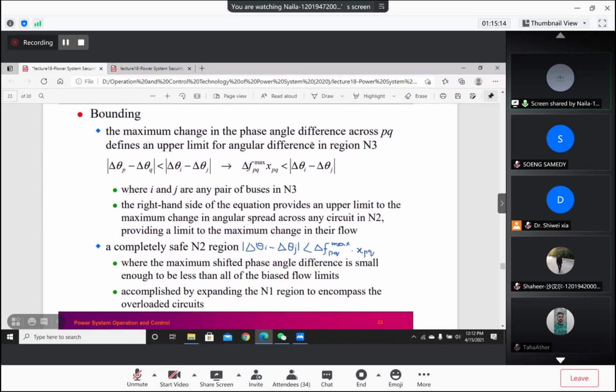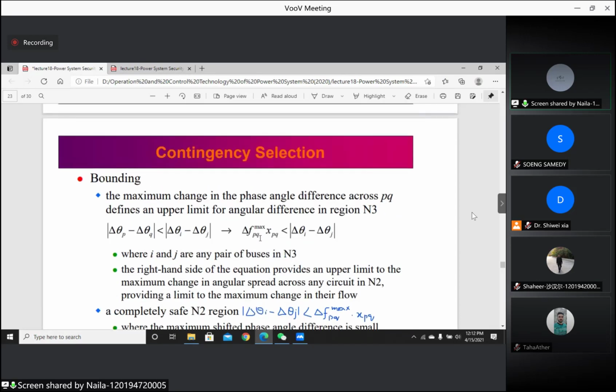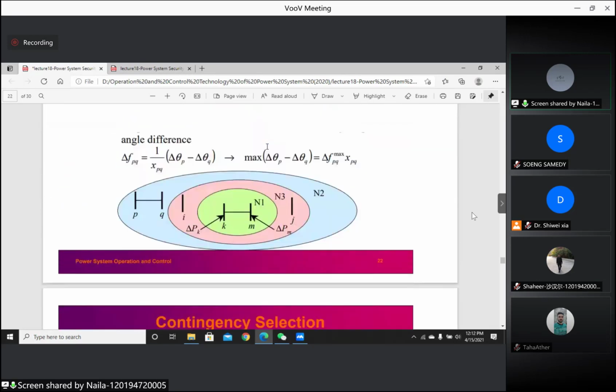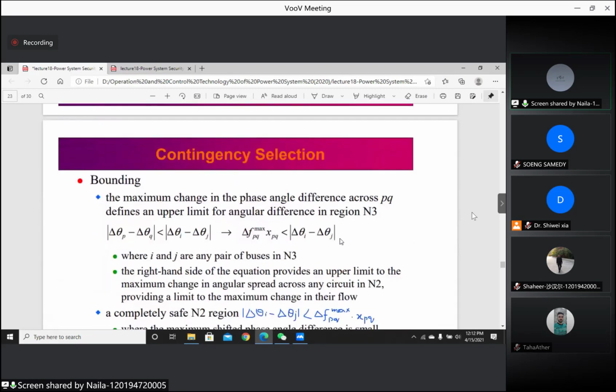The maximum change in the phase angle difference across PQ in the N2 region defines an upper limit for the angle difference in region N3. Mathematically, the change in angle from P to Q is less than the difference of change of angles of I to J. We can replace the change in P to Q phase angle with this term, as we have seen in the slide, and we get this equation.